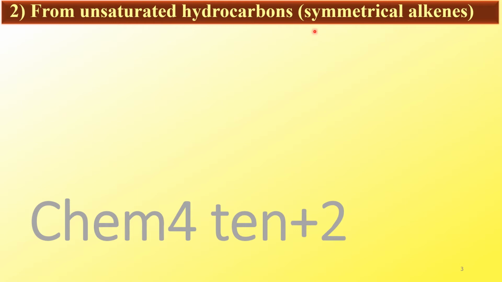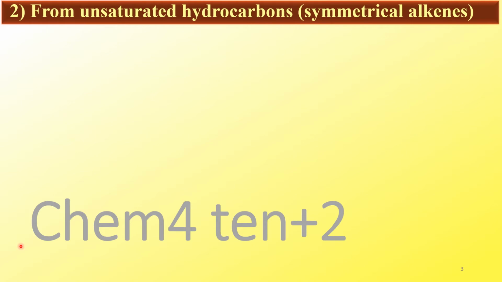Before starting with the reaction, we should know what is symmetrical alkene. Symmetrical alkenes are those compounds in which to both the sides of carbon-carbon double bond, same number of carbon atoms are present.